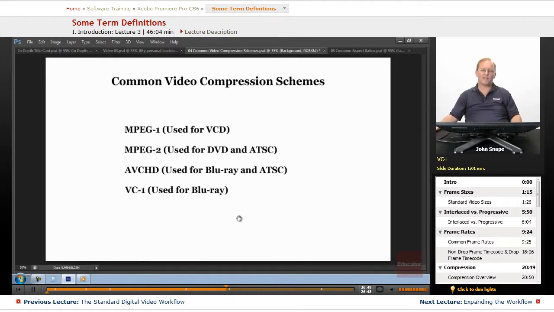It'll save it as like a .mov file, and you can edit that directly in Premiere also. But any of these you can bring directly into Premiere Pro, and it will be able to work with any of these video compression schemes. And these are the ones that are most used right now. The AVCHD, I believe, is based off of H.264.